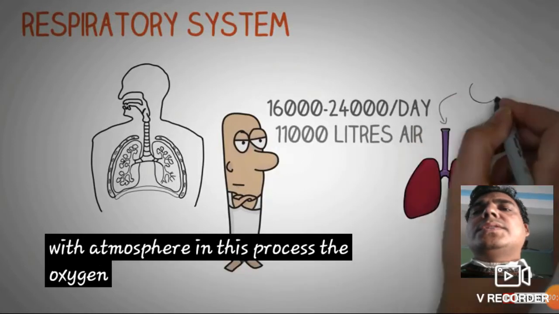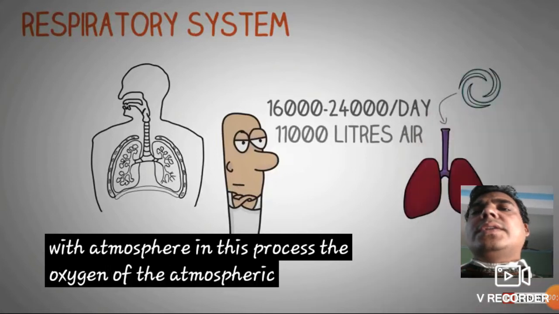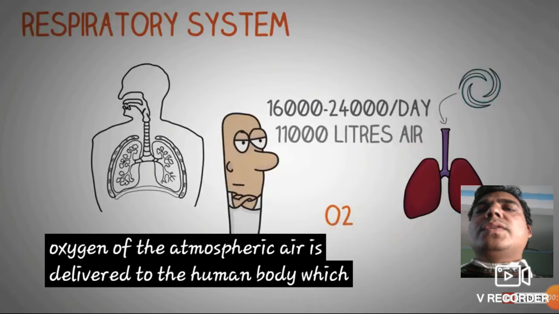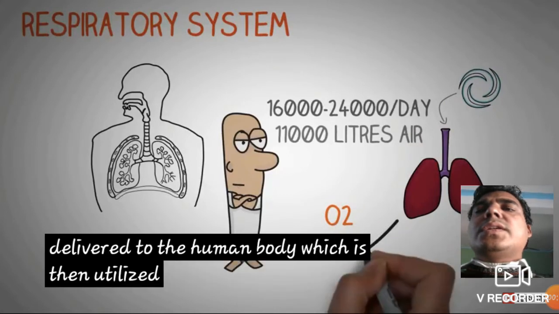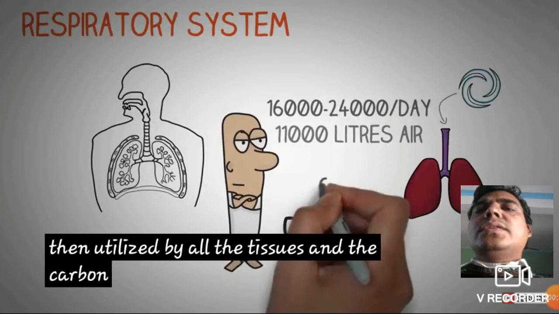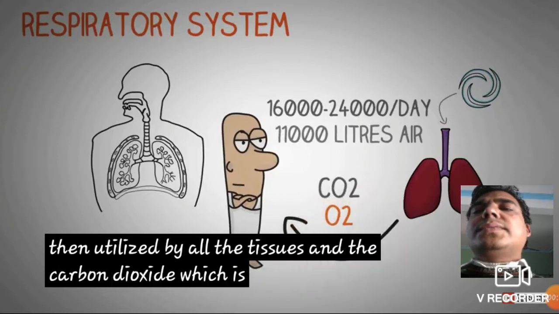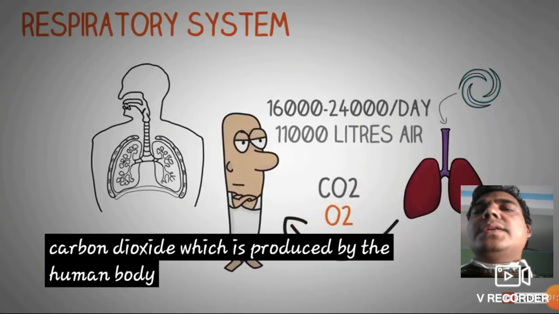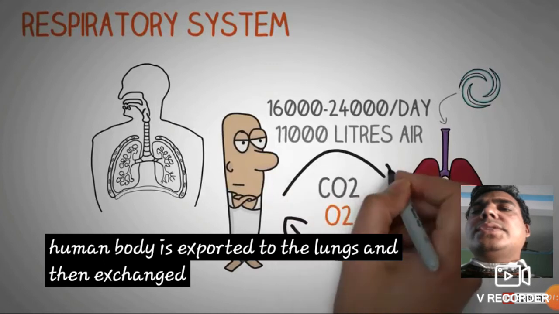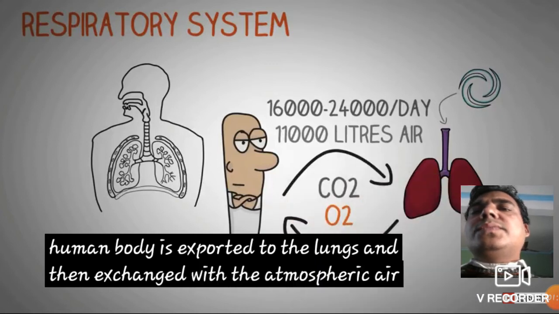In this process, the oxygen of the atmospheric air is delivered to the human body, which is then utilized by all the tissues, and the carbon dioxide produced by the human body is exported to the lungs and then exchanged with the atmospheric air.